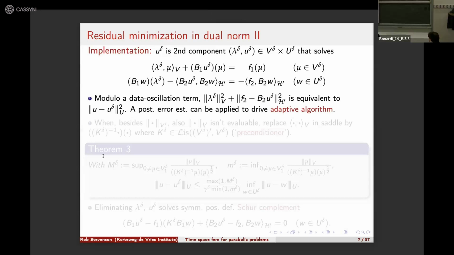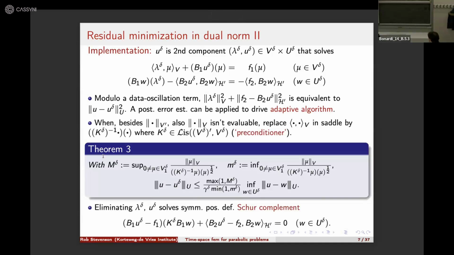So it's like the second residual, but now the F1 minus B1 U delta in the discrete dual norm is equal to this lambda delta. So this is an error estimator. It's equivalent to the error. So this is an a posteriori error estimator that we can compute, and we can use it to drive an adaptive routine. So in places where this is large, you refine and you continue. That's the idea.